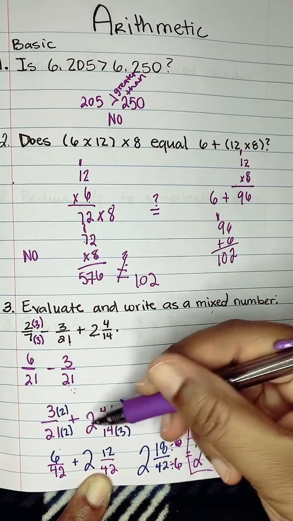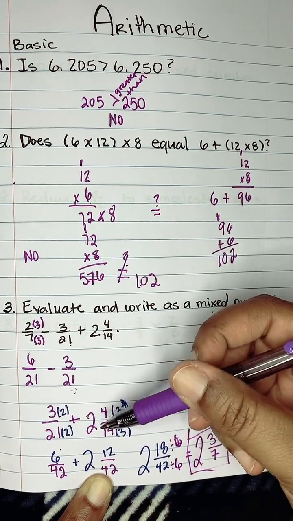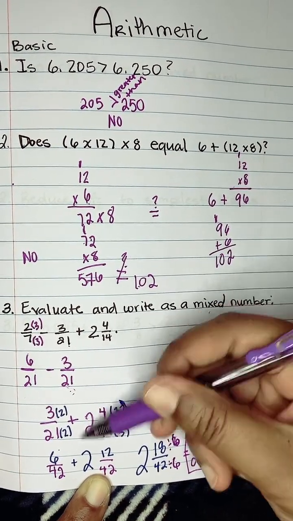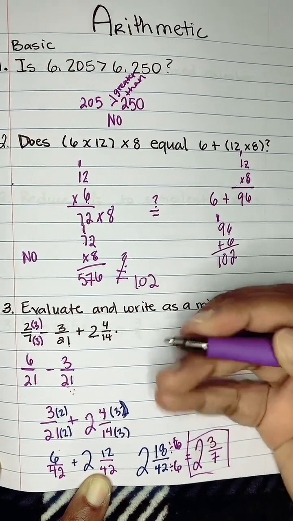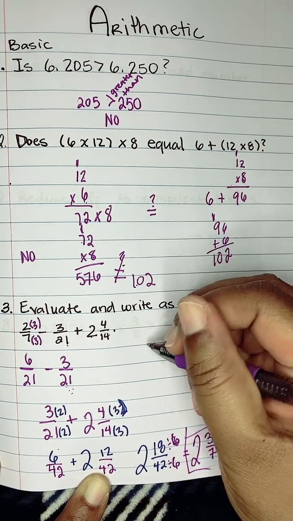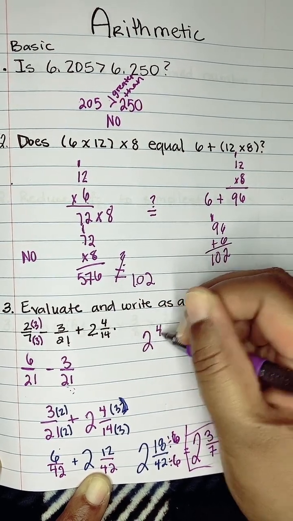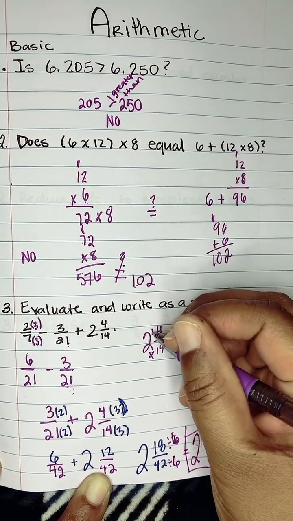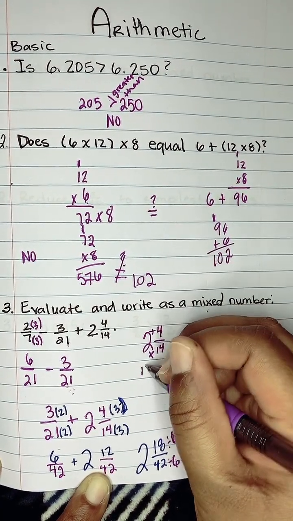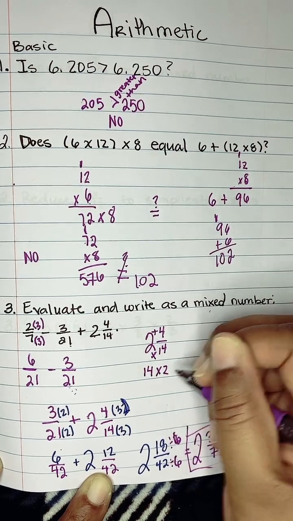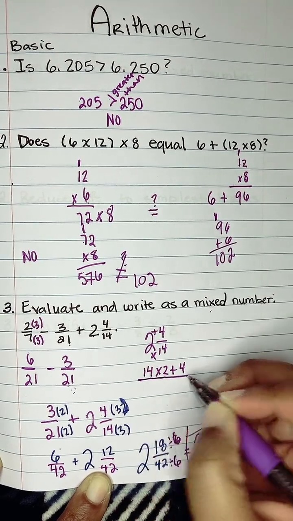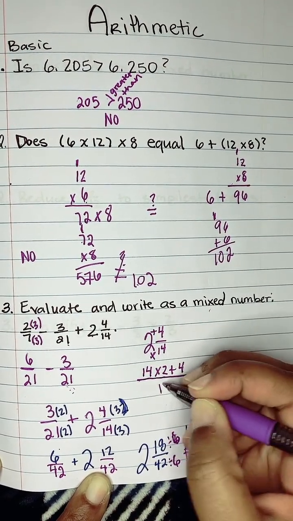To change this to improper, it's saying the numerator, the top number, is bigger than the denominator. So let me tell you what some people might have done. To change this to an improper fraction, they would have said multiply, then add. So they would have done 14 times 2, and then they would have added the 4, and they would divide that by what they're dividing by, which is 14.